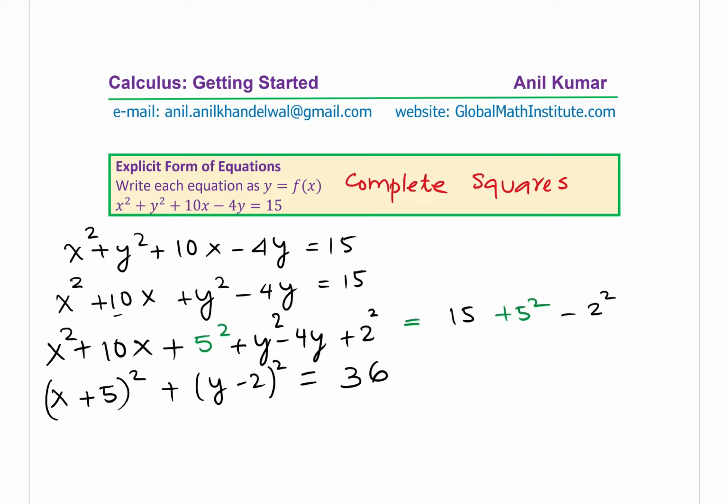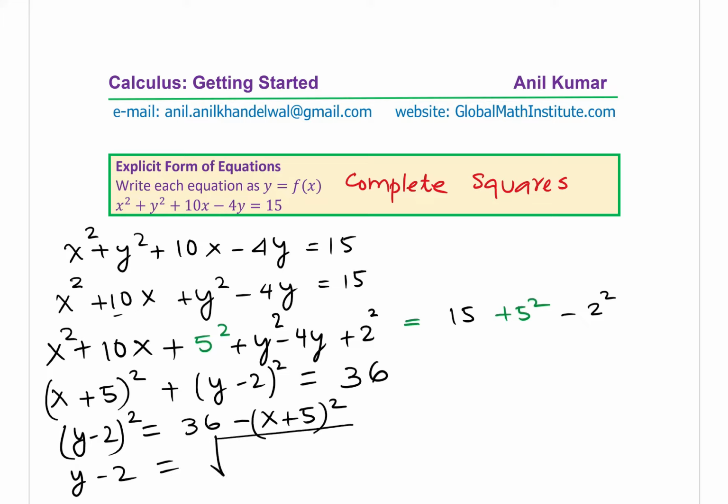Now from here we can say y minus 2 whole square is indeed equal to 36 minus x plus 5 whole square, and we can say that y minus 2 is equal to square root of 36 minus x plus 5 whole square. Whenever you do square root, you have to write plus and minus.